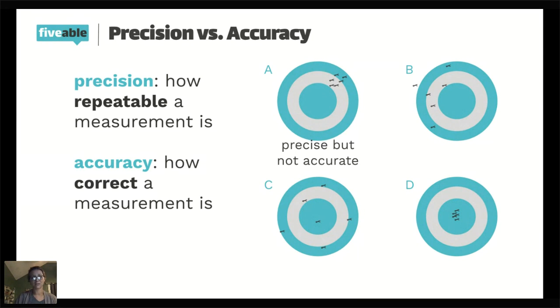So let's go through the rest of them in the chat. If we look at B, what do we think? Is that precise and is it accurate? Anybody have a guess?